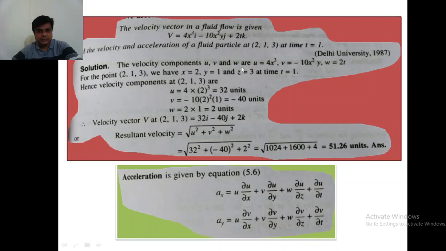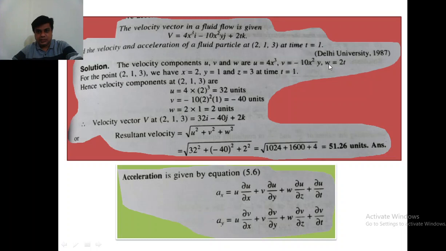As usual, we take the velocities and calculate u, v, w. Here the velocity vector is given. The part with i is u. Then v is the j term, minus 10x square y, that's the velocity in the y direction.